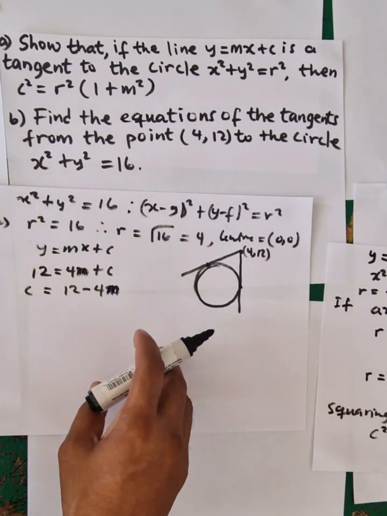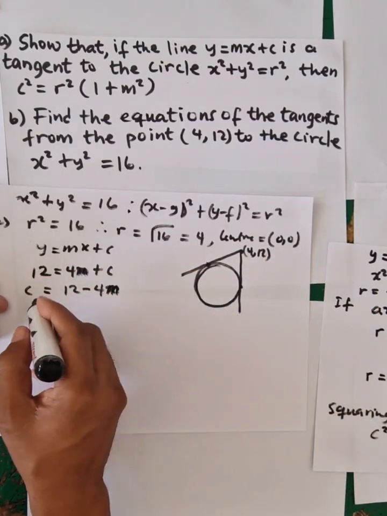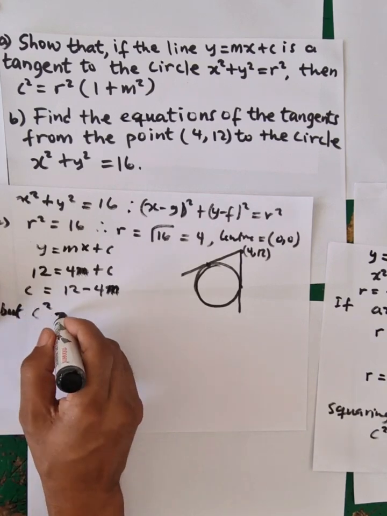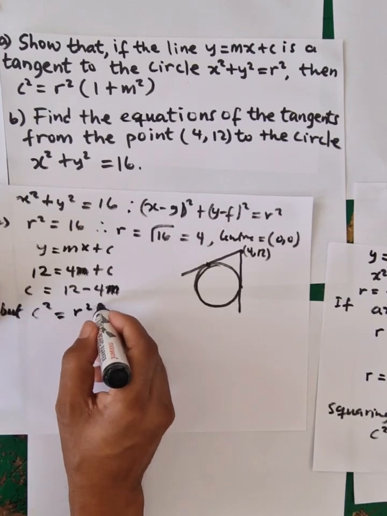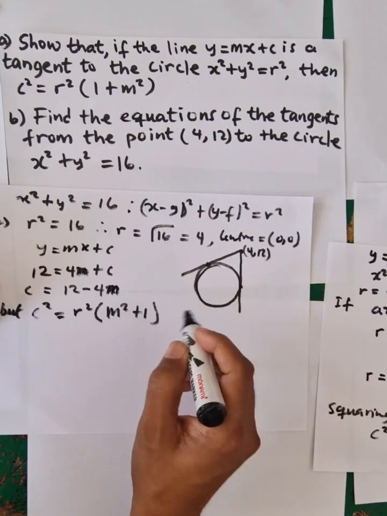Now, from A, we know that c squared is equal to r squared into bracket m squared plus 1.